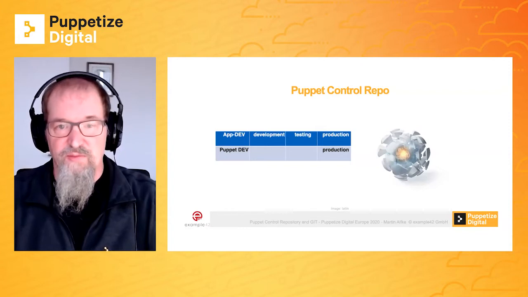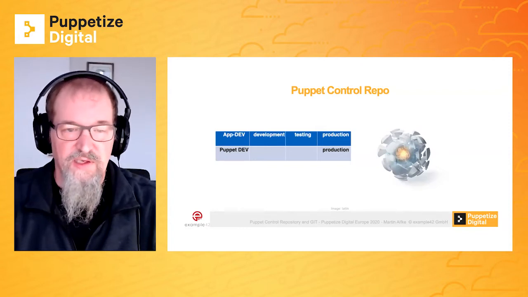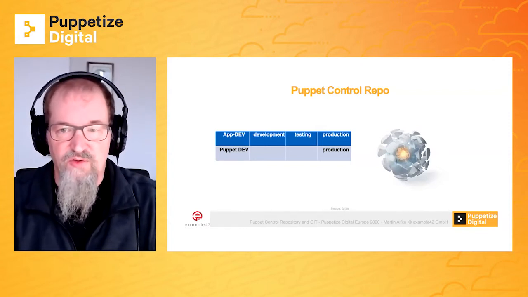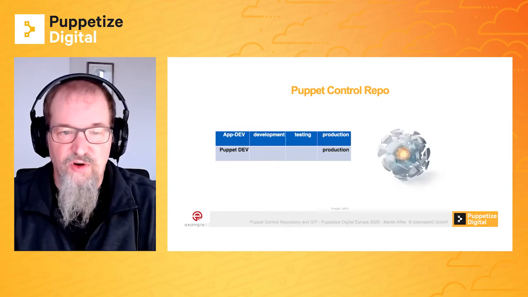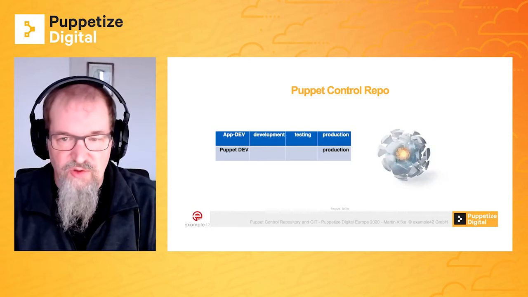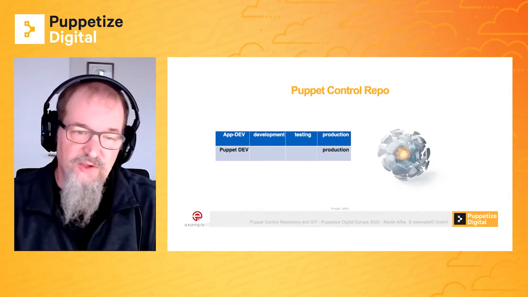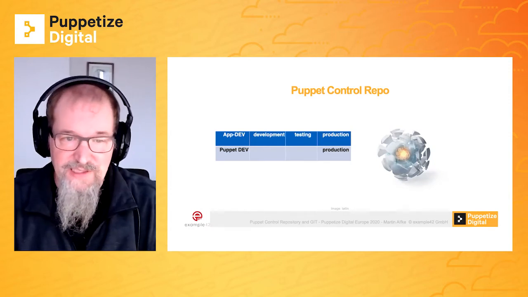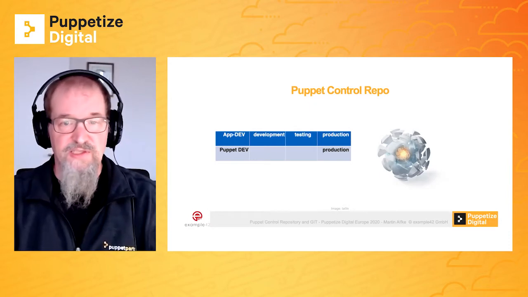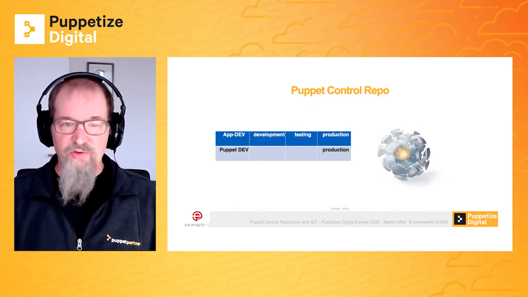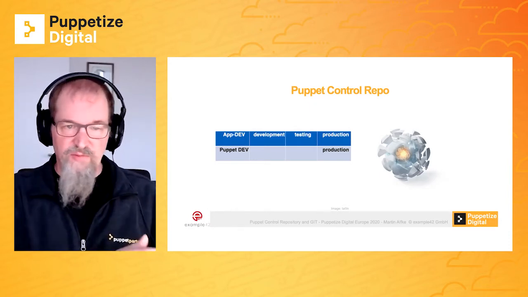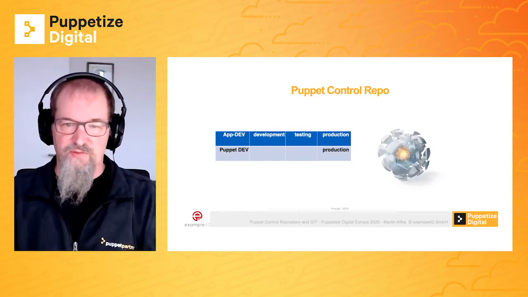We had one customer who was working in that way, saying in the development branch of the control repository, we manage the whole development infrastructure, including the virtualization. And I told them already, is this really a nice idea? And they said, yes, of course, that's the way you develop code. We're moving from development to testing into production.